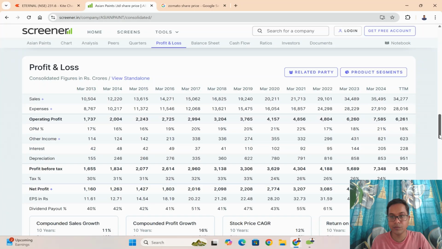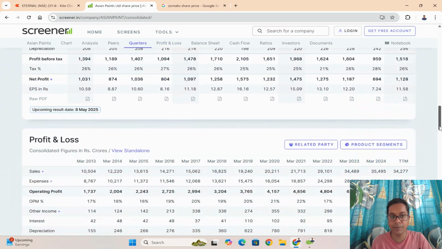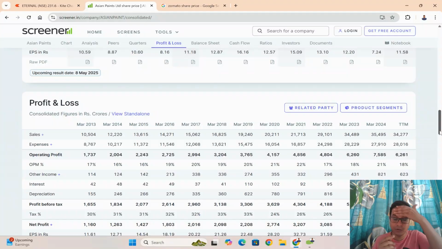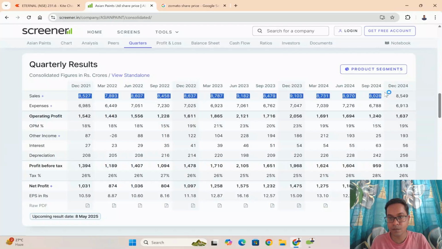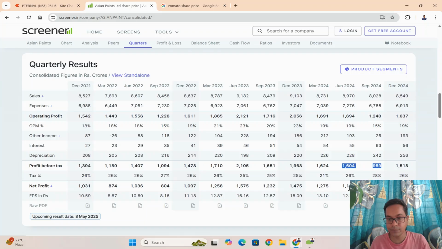Now if you go to the quarterly, sometimes if you're just looking at the yearly, there might be 2 or 3 quarters where it dropped and you will not be able to know. So you need to go to the quarterly results. So if you see here, the sales has a minor drop from 8,900 to 8,000, and see this, net profit from 1,200 to 700.